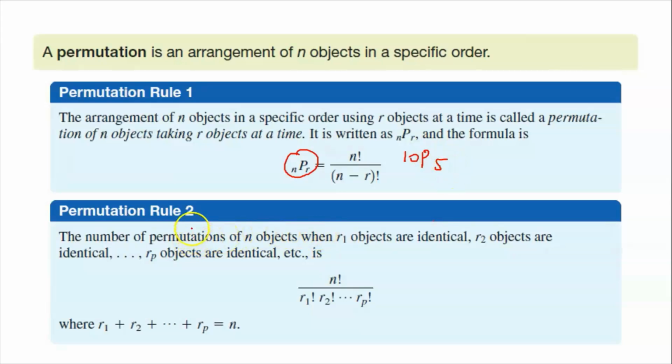And then rule number 2 is applied when we want to find the number of permutations of n objects when several objects are identical. Let's say we have a code with 1, 1, 2, 2, 2, 3, 4, 4. So we have several numbers that are identical or repetitive, or a password or a word.